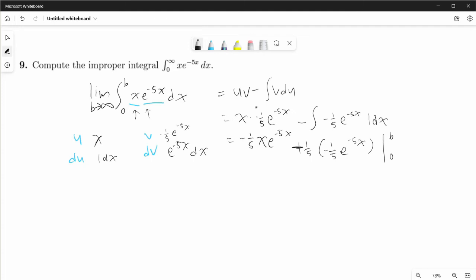So now I'll plug in 0 and b. Is there a simpler way of writing this? I can combine the negative 1/5 and the e to the negative 5x together. So we have negative 1/5 e to the negative 5x, and then the rest will be x plus 1/5.